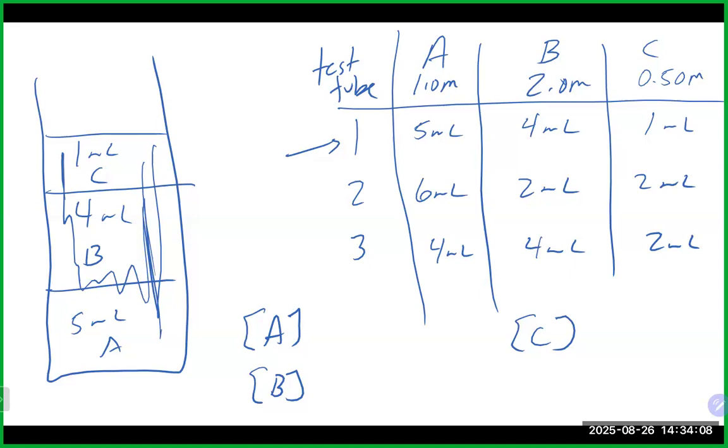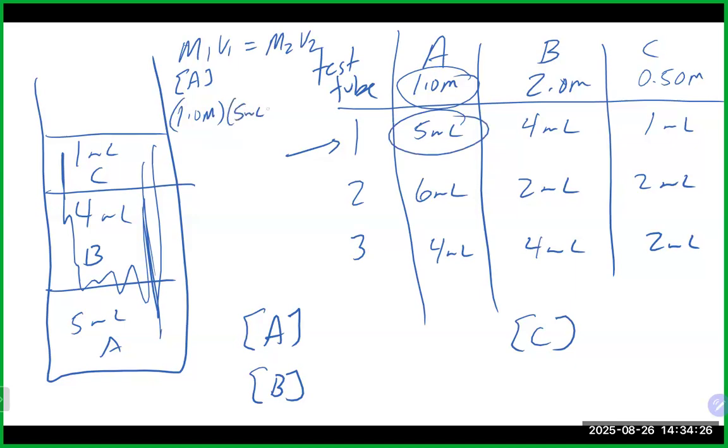In order to get the proper molarity of A, you need to use something like M1 V1 equals M2 V2. So if we did this for A, for example, A's original concentration we threw in there was 1 molar, right? We used in test tube number 1 5 milliliters of A. We're trying to find what is its new concentration. Now, V2 is the total volume.